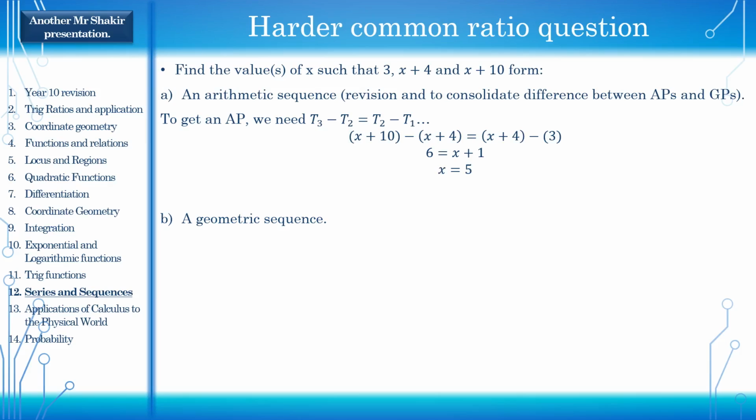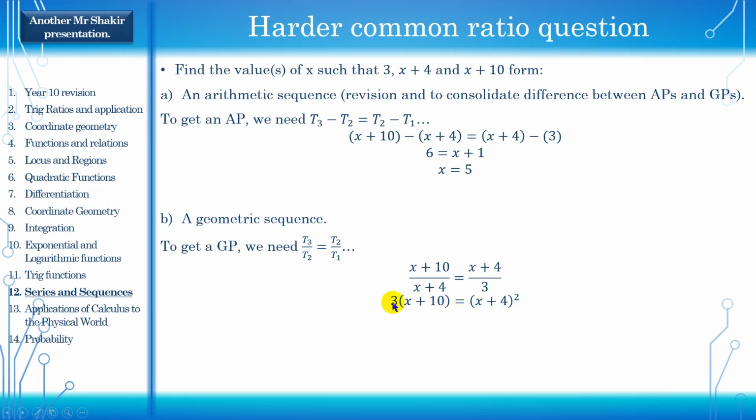But how about if we wanted to make it a geometric sequence? Then we do the third term divided by the second term has to equal the second term divided by the first term. Okay, and again we substitute it in. At this stage in your maths career, this should be a fairly standard algebraic equation for you to solve.